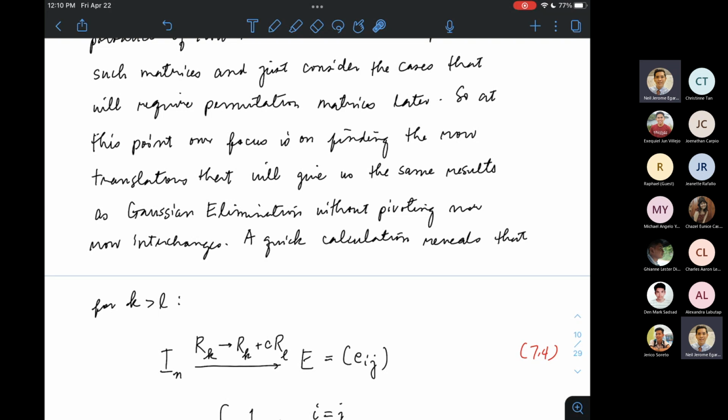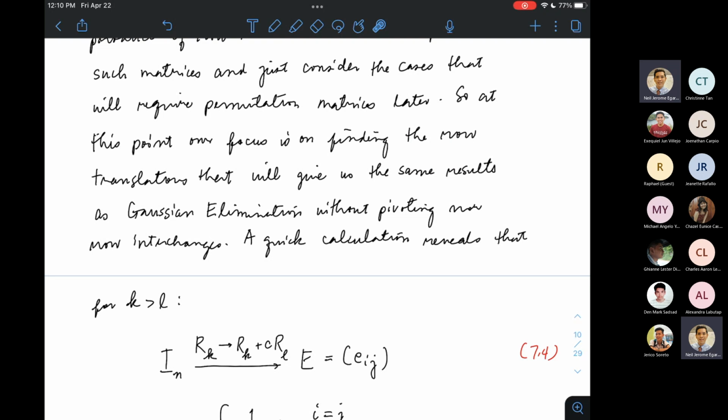So hindi natin i-consider yung mga may pivoting strategies at saka yung may other elementary row operations required, because that will require us to have actually not an LU factorization, pero ang mangyayari sa kanya ay LU equals permutation matrix times the matrix A. So instead na A equals LU, ang factorization na makukuha natin ay PA equals LU, where P is a permutation matrix, and there are preconditioning techniques that you need to perform.